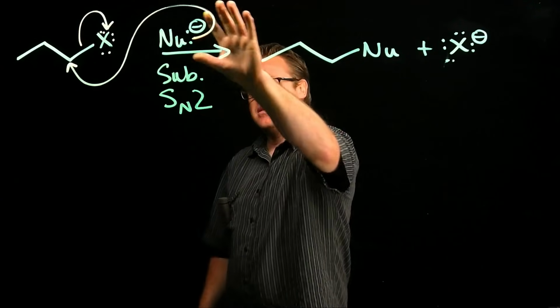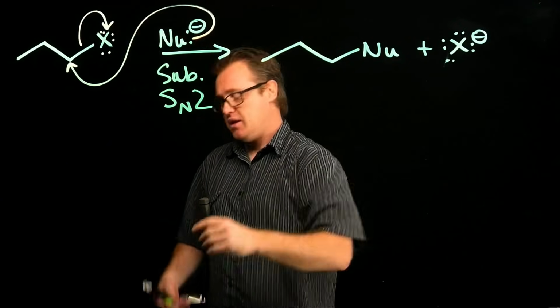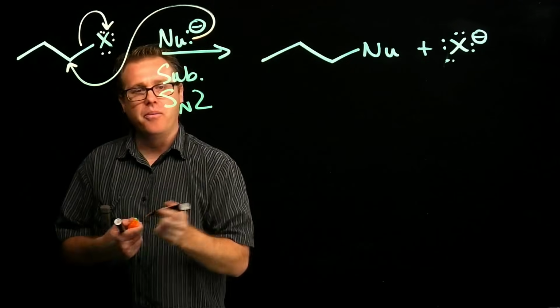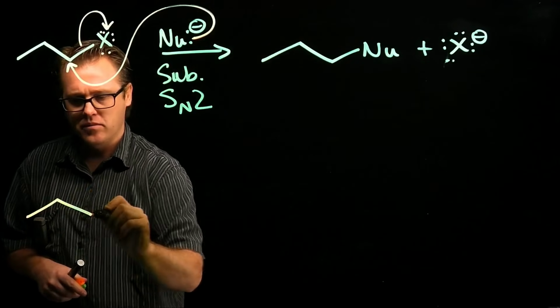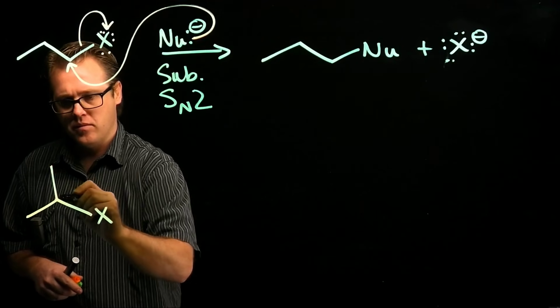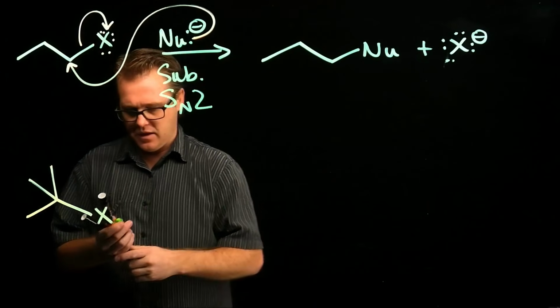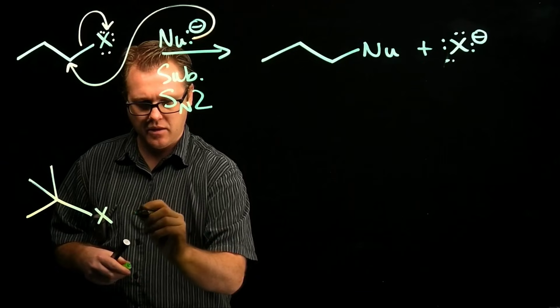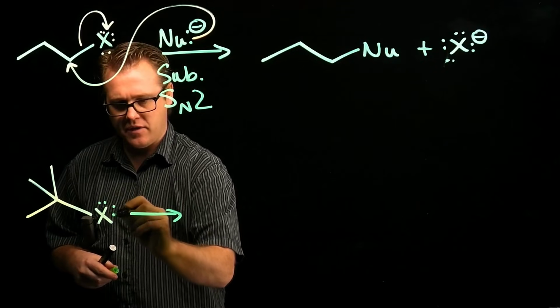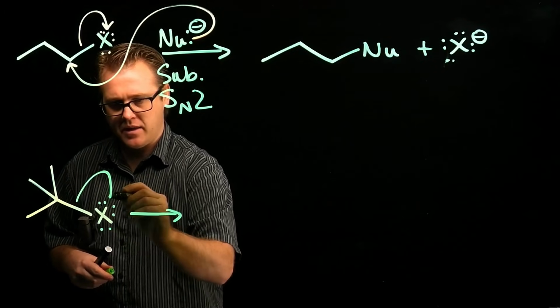Compare this substitution reaction to this one that I'm going to draw now. All right, something like that. Look at this. So we have lone pairs on that guy, so I'm going to make that leave.